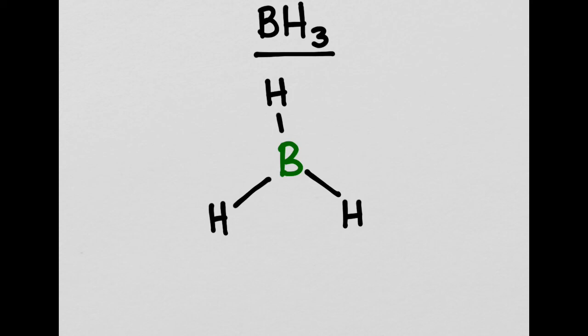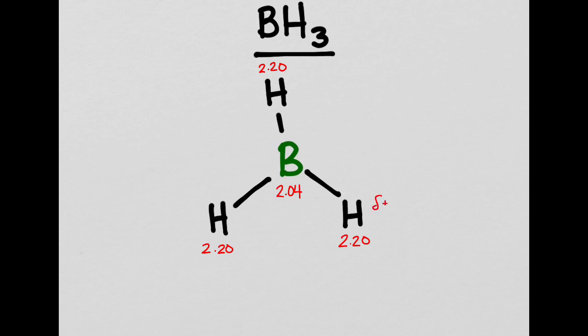Go ahead and take a second and find the electronegativities of boron and hydrogen and figure out who's more electronegative. All right, so I went ahead and looked it up, and boron has an electronegativity of 2.04, while hydrogen has an electronegativity of 2.20. So I can still assign those little partial charges.